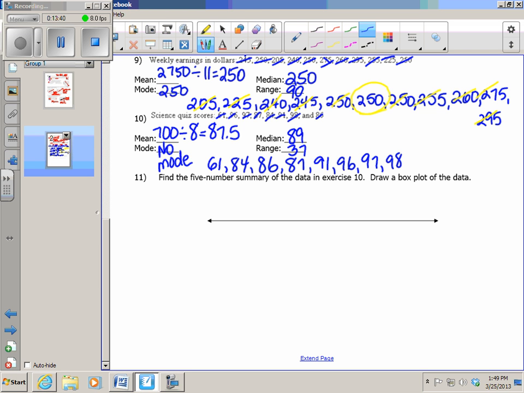So, in order to do a Box and Whisker plot, I'm going to take the minimum and the maximum. I need the 5-number summary, 61 and 98. I need the middle number, which was right here at 89.